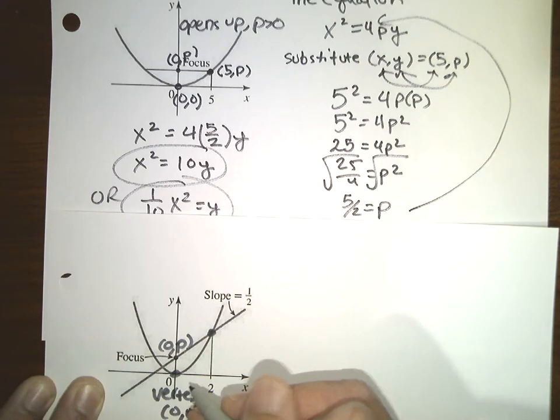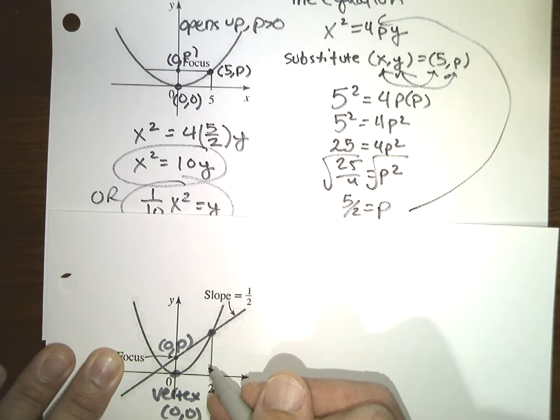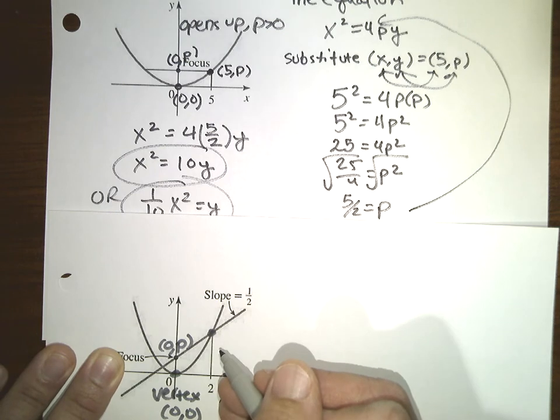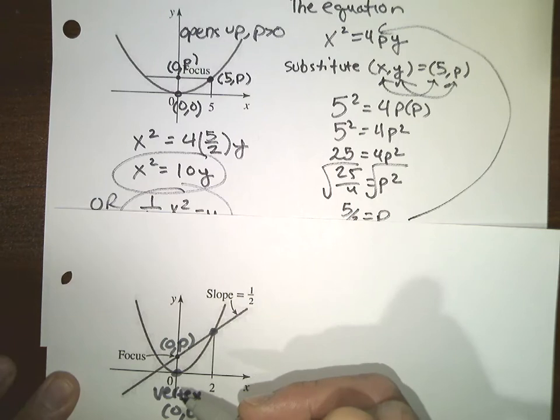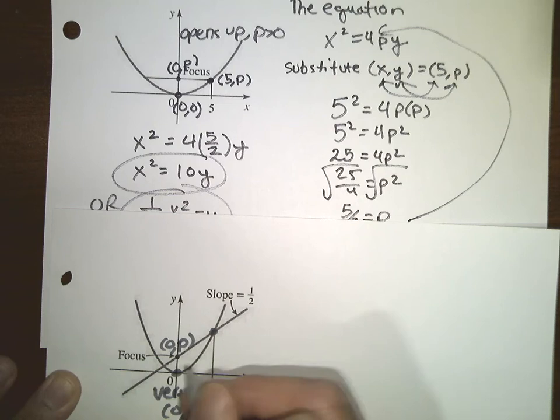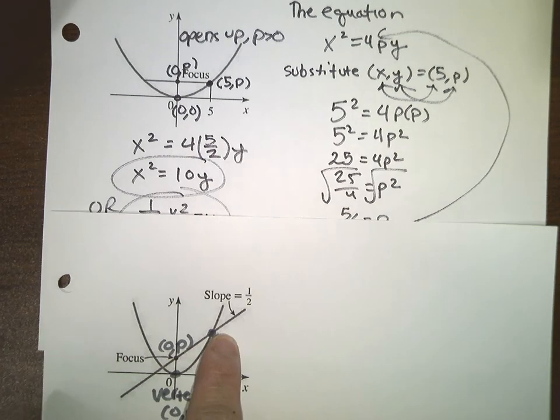So I can see that I don't know the equation of the line here, but I do know that one of the points on the line is 0, p, and the other one is this point.